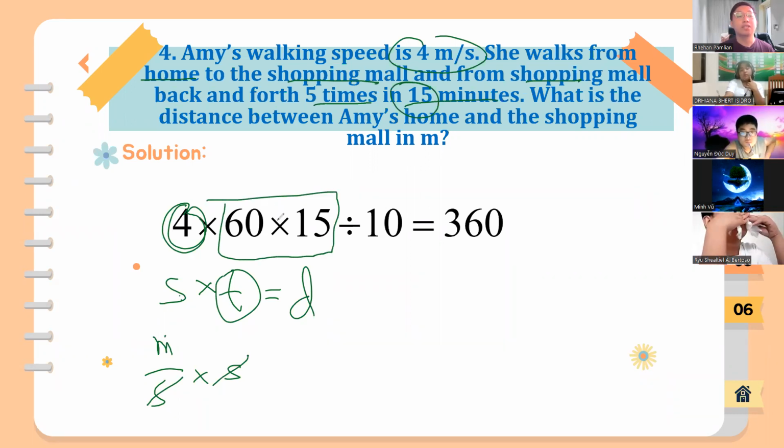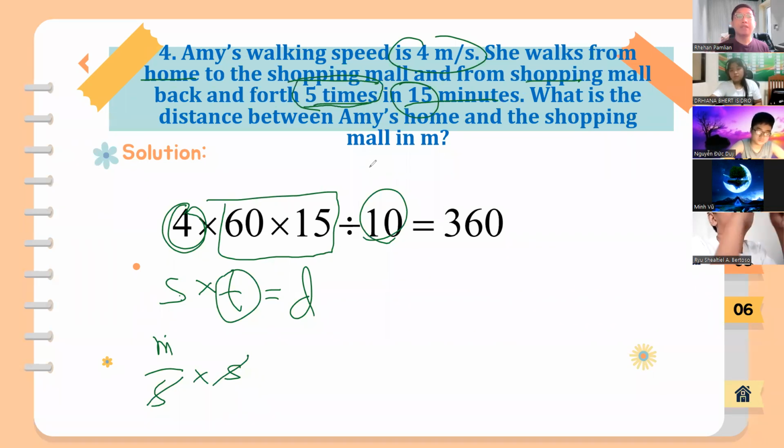So that is a total of 60 times 15. And then we divide it by 10. Okay. Why? Because the total distance should be divided by 10, because remember, Amy was walking back and forth. Okay. And when we say back and forth, that means twice the actual distance, correct? So since it's twice the distance, meaning it should be 10.